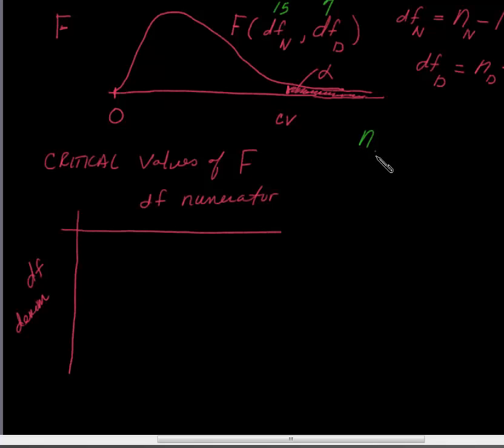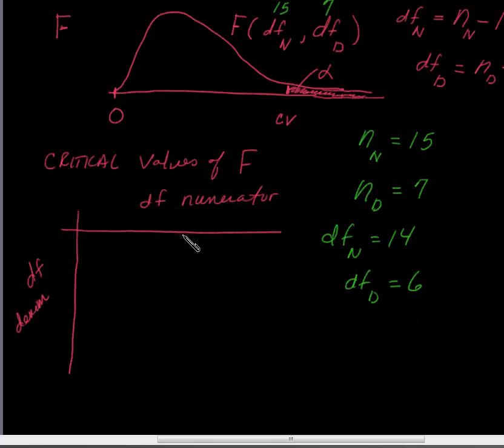The number of items represented by the numerator is 15. The number of items represented by the denominator is 7. And then my degrees of freedom numerator would be 14. And my degrees of freedom denominator would be 6.